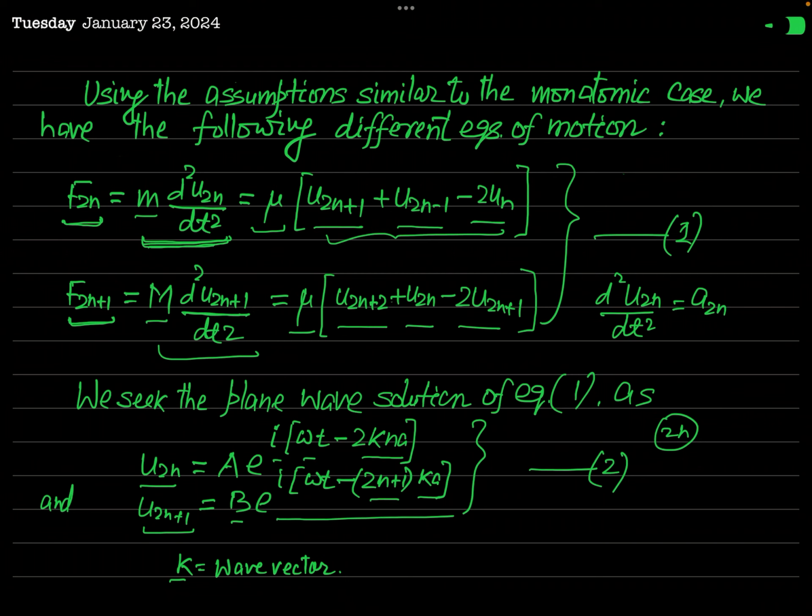Here you must note that the vibrational frequency of both types of atoms is assumed to be the same, and that is equal to omega. Why do we assume that the vibrational frequency omega will be the same for both atoms? Because according to classical physics, the frequency of vibration of a system is the same as the frequency of the source.